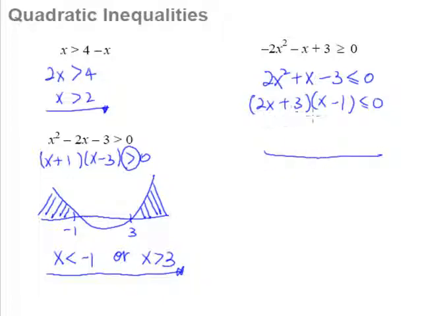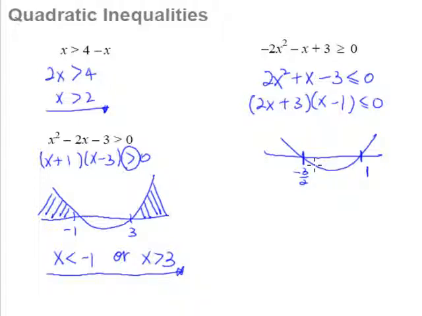So this will still be a positive minimum curve. We know that it will cut the x-axis at negative 3 over 2 and at positive 1. Now we are interested in the parts of the curve that are less than or equal to 0, so simply look for the part that is underneath the x-axis.